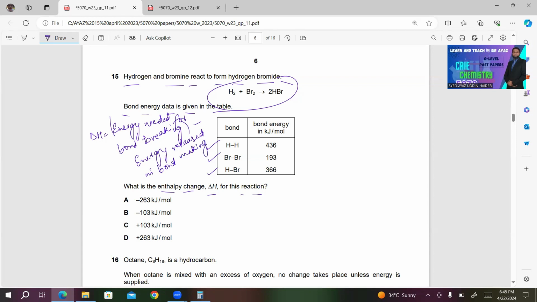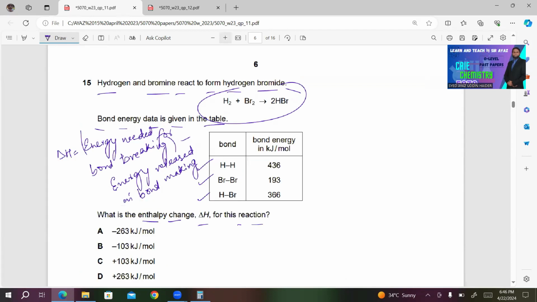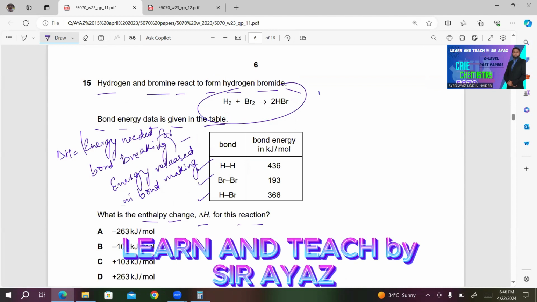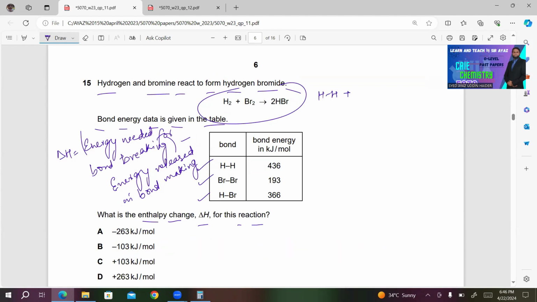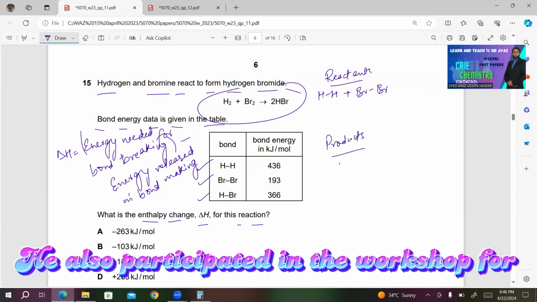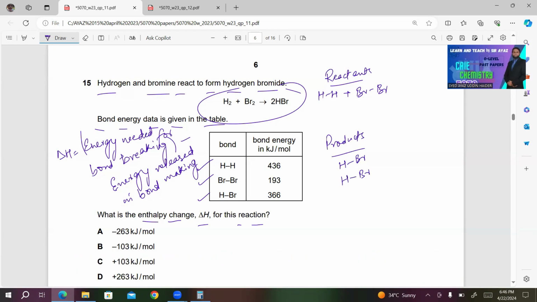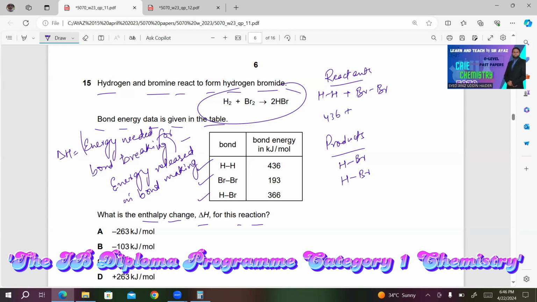We have H2 plus Br2 gives 2HBr. I am going to draw the displayed formula of these. So we have H-H plus Br-Br. These are the reactants. Products: 2HBr, H-Br, H-Br. So H-H, we have 436 plus Br-Br 193.